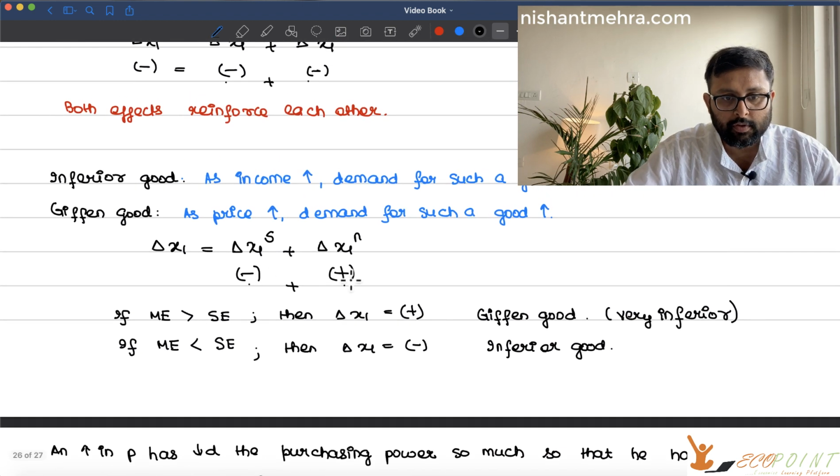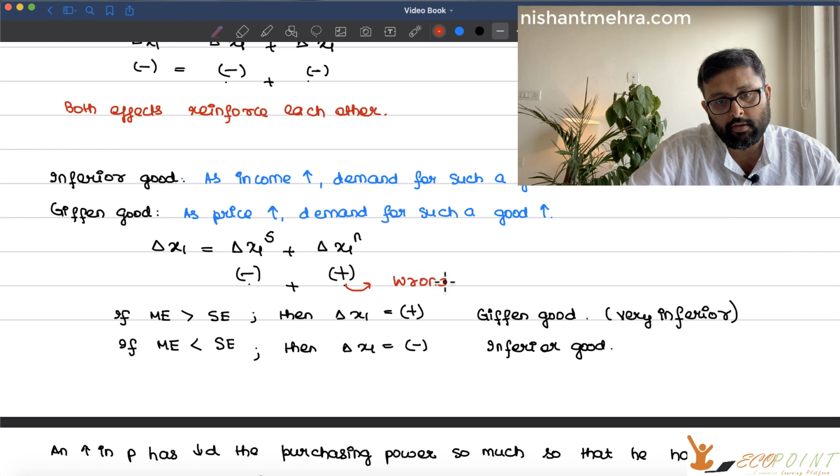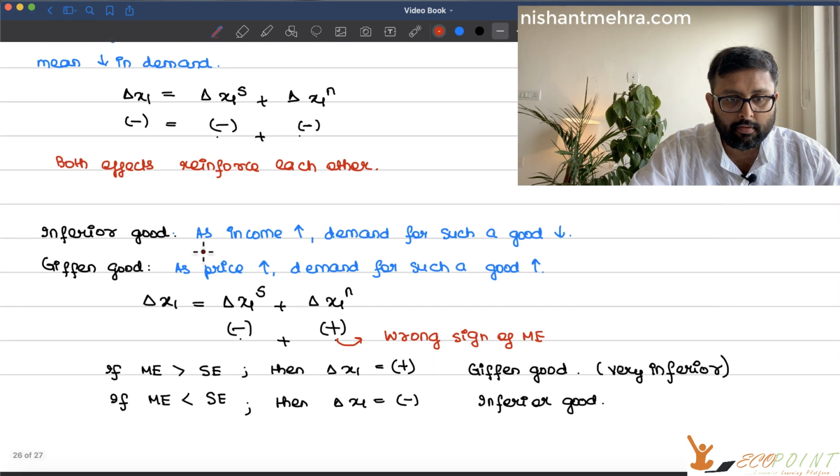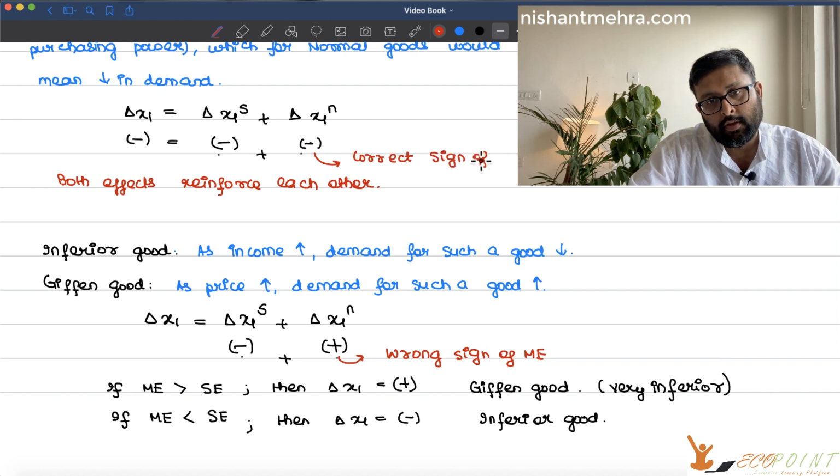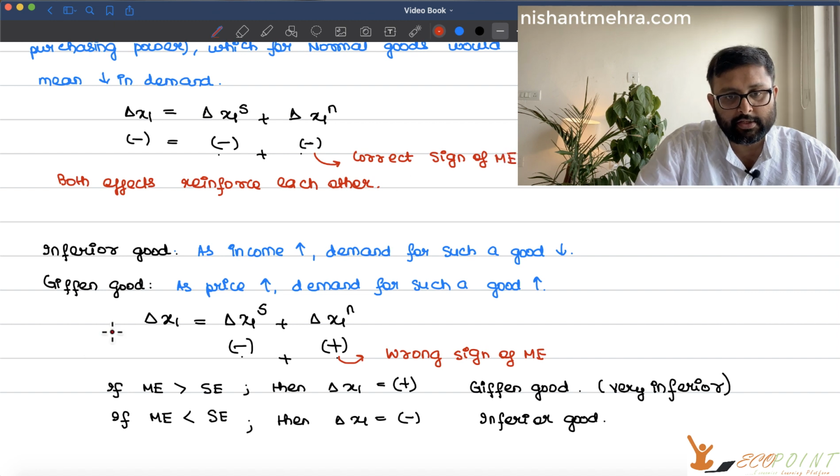If you look at it, beta, this is the wrong sign of the income effect. This is, you can say, the correct sign of the income effect.